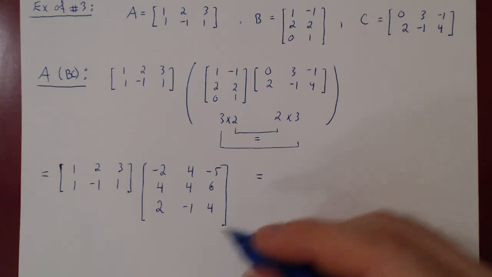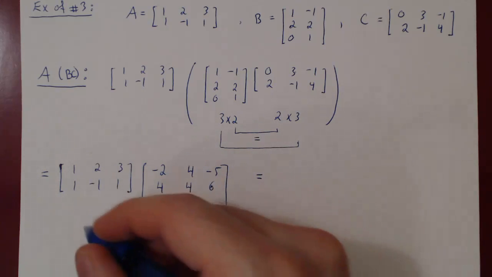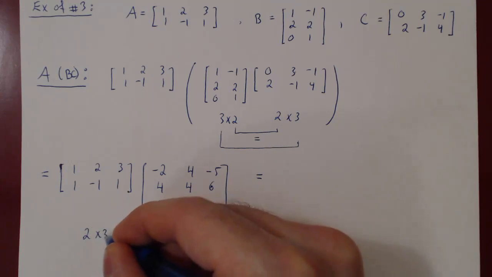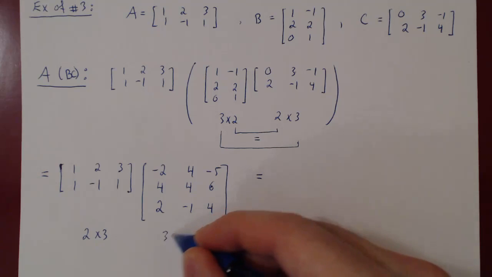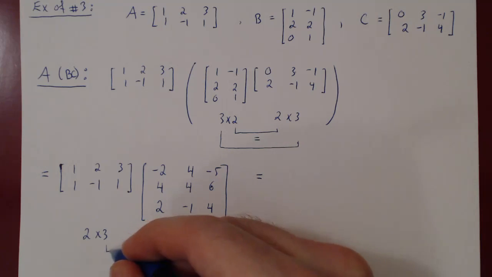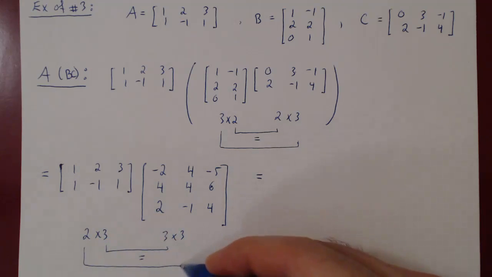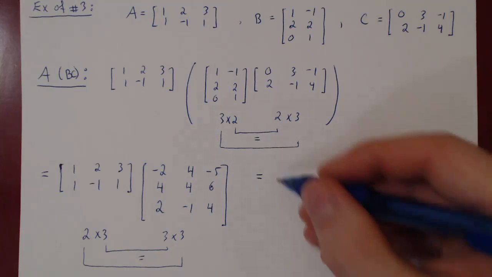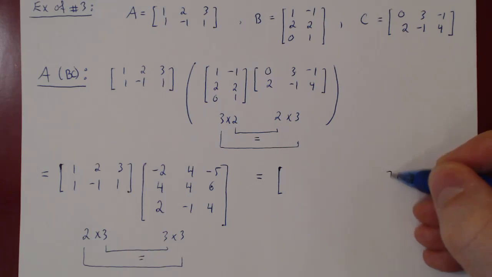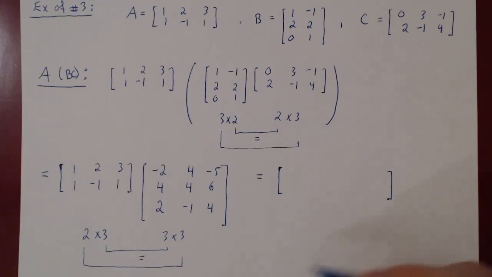Well, let's see. A is a 2 by 3. BC is a 3 by 3. Multiplication is indeed defined, and the result will be a 2 by 3 matrix. So once again, to construct the first row of our new matrix, we fix the first row of A and go through every column of BC.